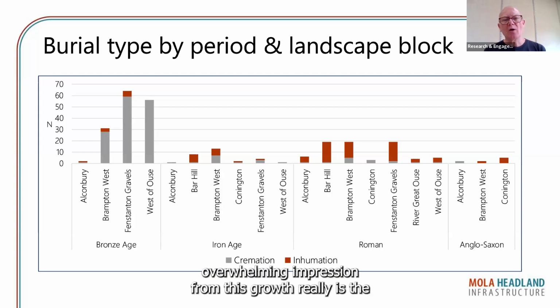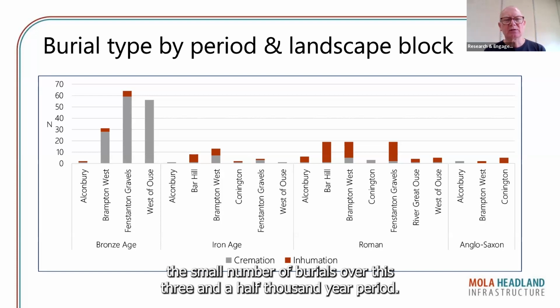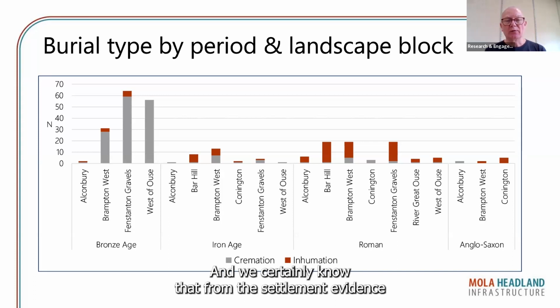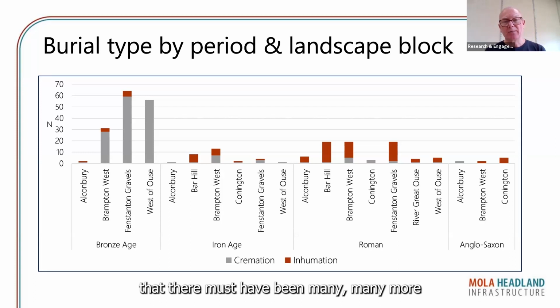Perhaps the overwhelming impression from this graph really is the small number of burials over this 3,500 year period. We only had 186 cremations and 94 inhumations. And we certainly know from the settlement evidence that there must have been many, many more living throughout these periods of time.